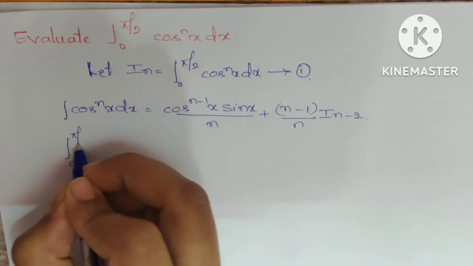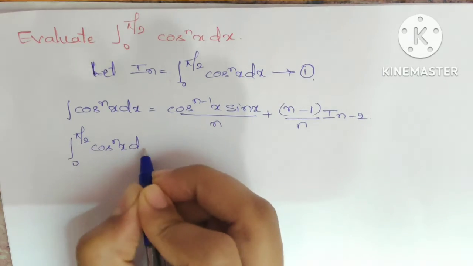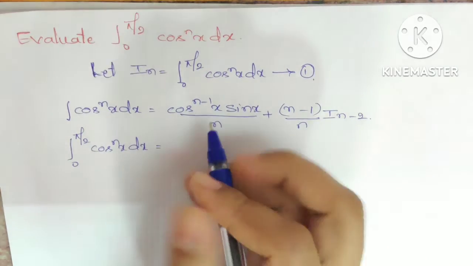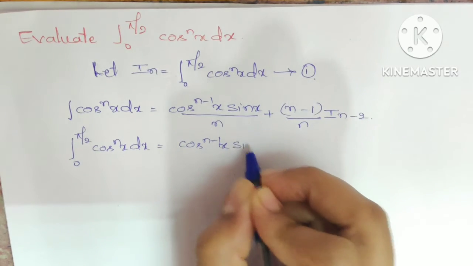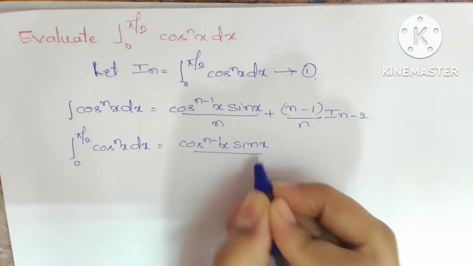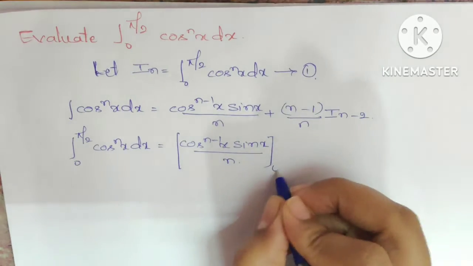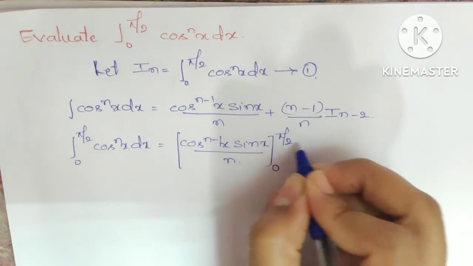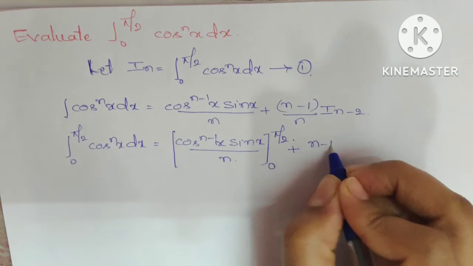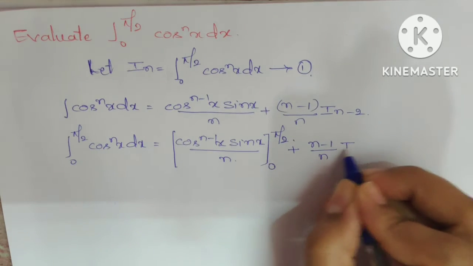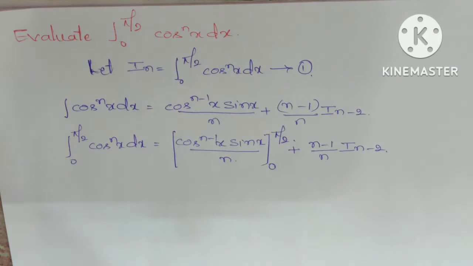Integration from 0 to pi by 2 of cos^n x dx equals cos^(n-1) x into sin x divided by n, integrated from 0 to pi by 2, plus (n-1)/n into I_(n-2).